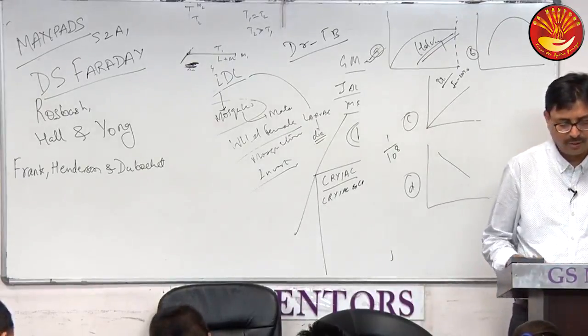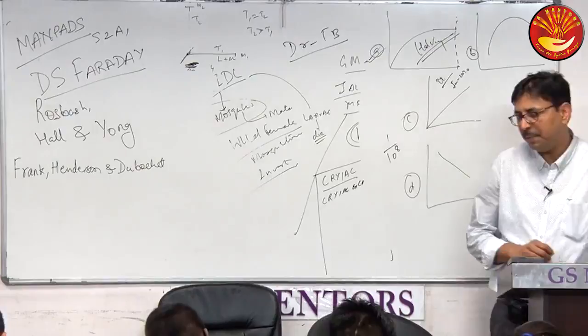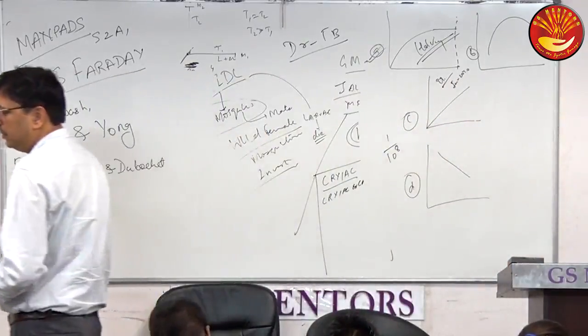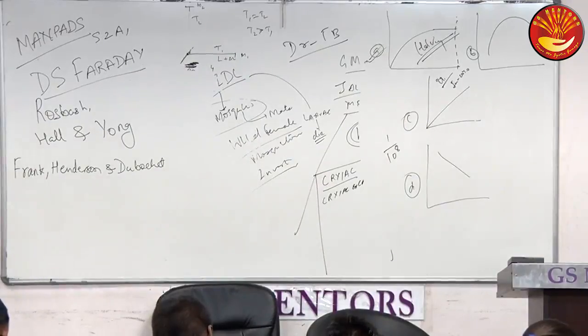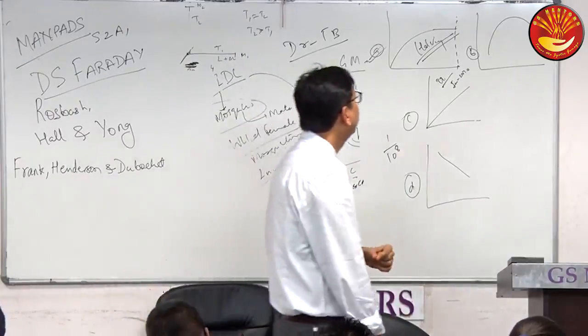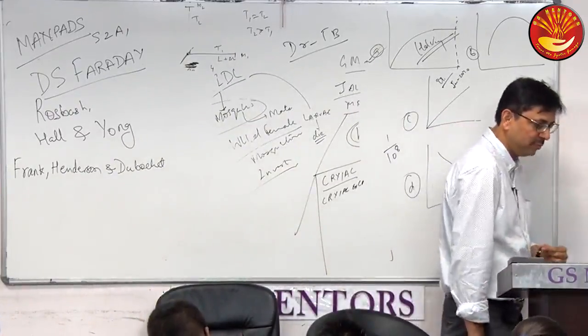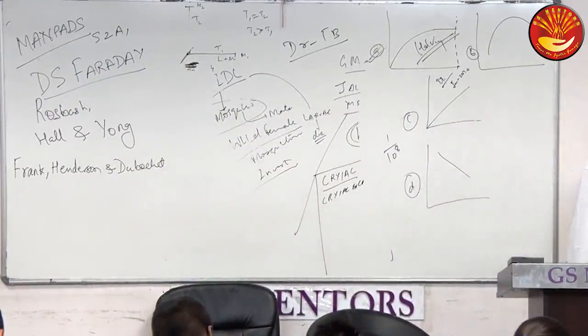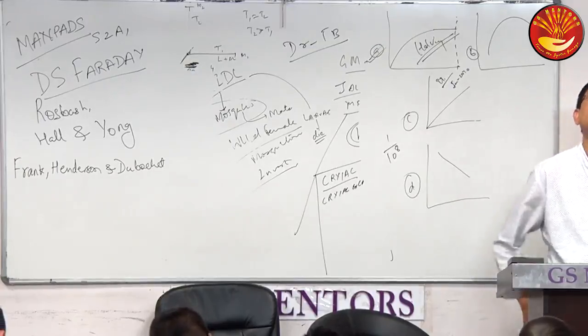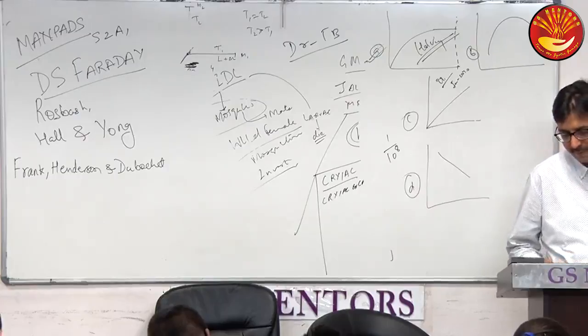Bitcoins are based on the principle of proof of work, whereas NXT is based on the principle of proof of stake.